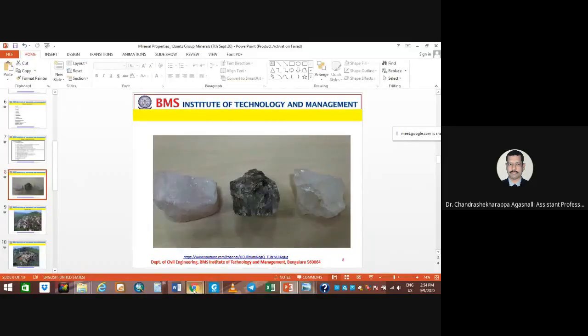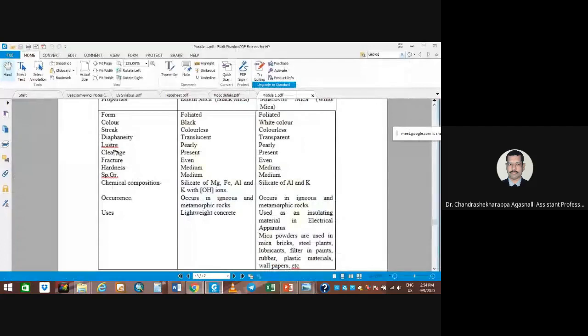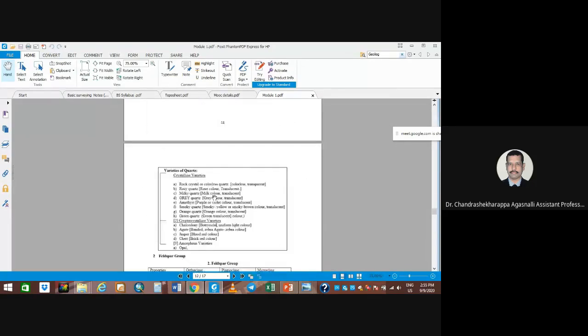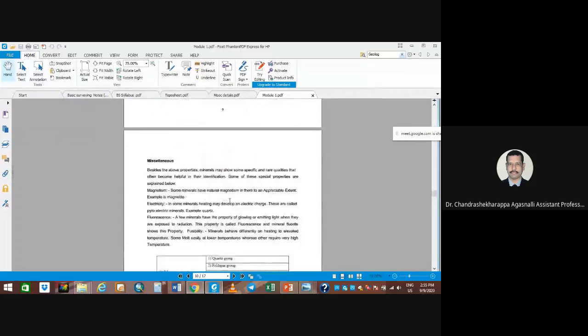Okay, and next property is cleavage, which will be absent, and fracture, maybe even fracture or maybe uneven fractures, depends. Hardness, it will be medium. Sorry, it's a 7 hardness.